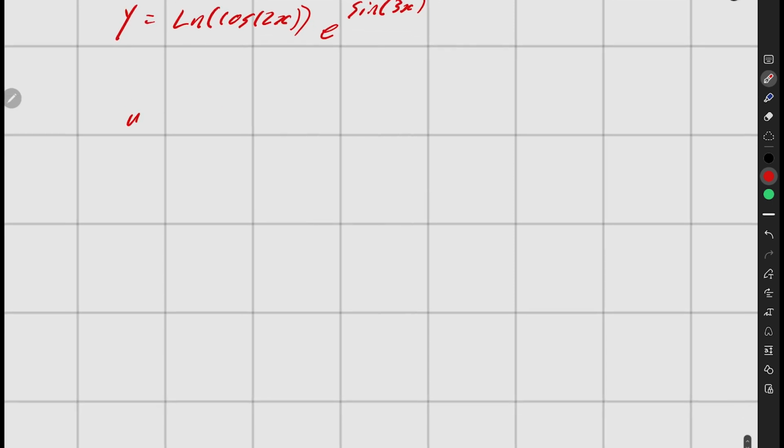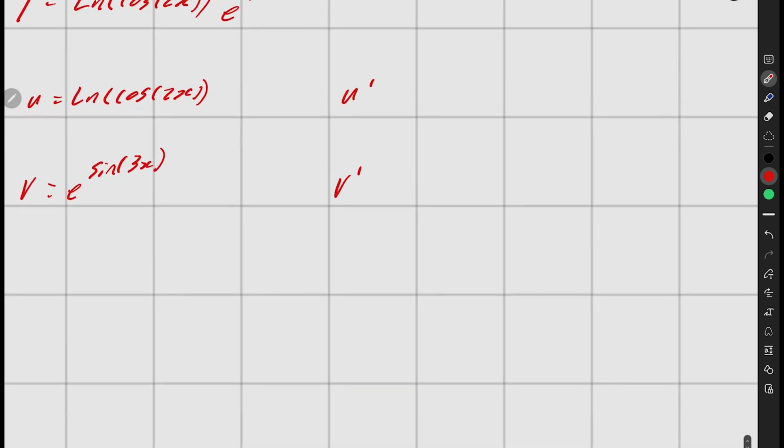But let's set out our table: u, v, u dash, v dash. So we'll set u equal to ln of cosine of 2x, and v is going to be e to the sine 3x. So let's differentiate both of these functions. So we know ln of cos of 2x.